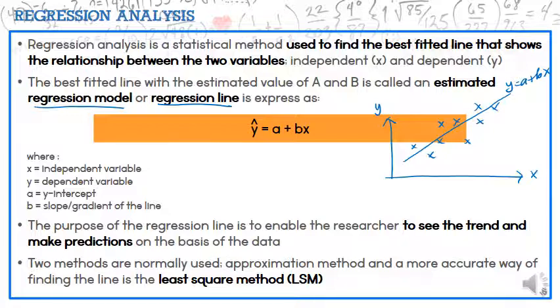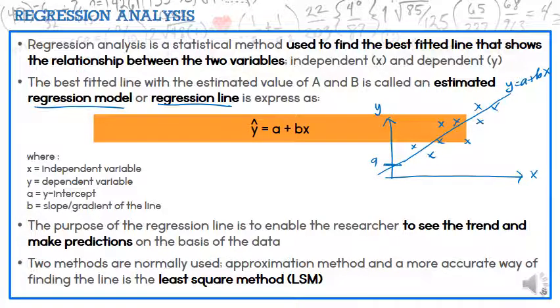So this line is called the regression line or regression equation, or sometimes we call it the best fitted line or least square line, where X is your independent variable, Y is your dependent variable, A is your y-intercept, and B is your slope. So A is the y-intercept, this one is A.